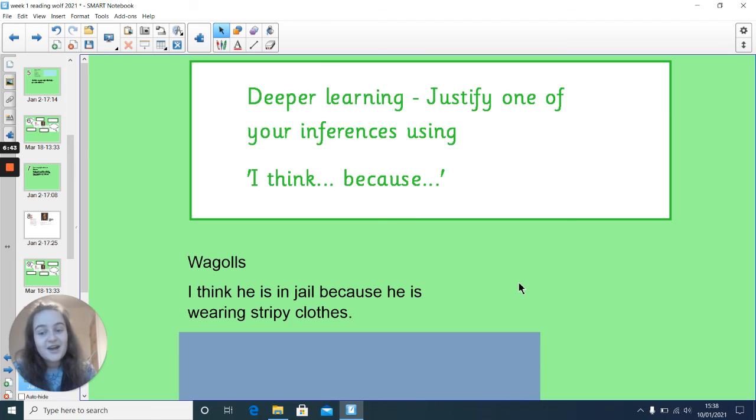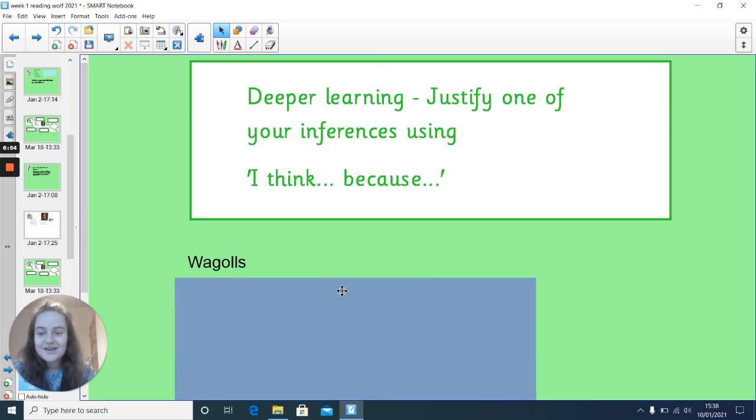You could also write, "I think he is friendly because he says, 'You can call me Al,' which is a nice thing to say." So it is completely up to you if you want to choose to do that deeper learn. If you do, it is to use the sentence structure, "I think something because something." So you're using "I think," your inference, "because," and then tell me why you think it.